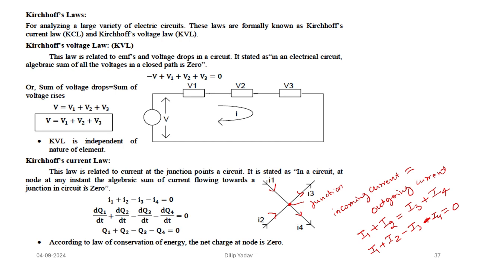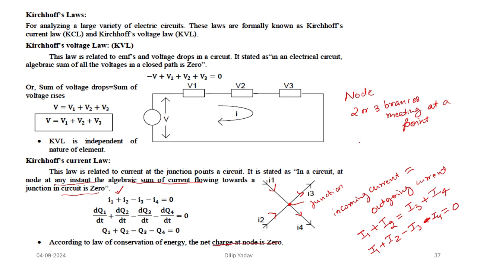It states that in a circuit node, at any instant, the algebraic sum of the currents flowing toward the junction will be equal to 0. This is according to the law of conservation: the net charge at the node is 0. What was the node? We have defined it earlier also: two or more branches meeting at a point.